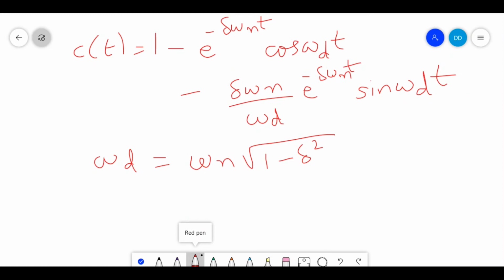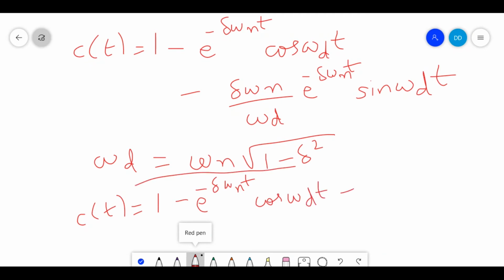So we can rewrite this as C of t equal to 1 minus e raised to minus delta omega n into t cos omega d t minus, this omega d value we substitute here, omega n gets cancelled.